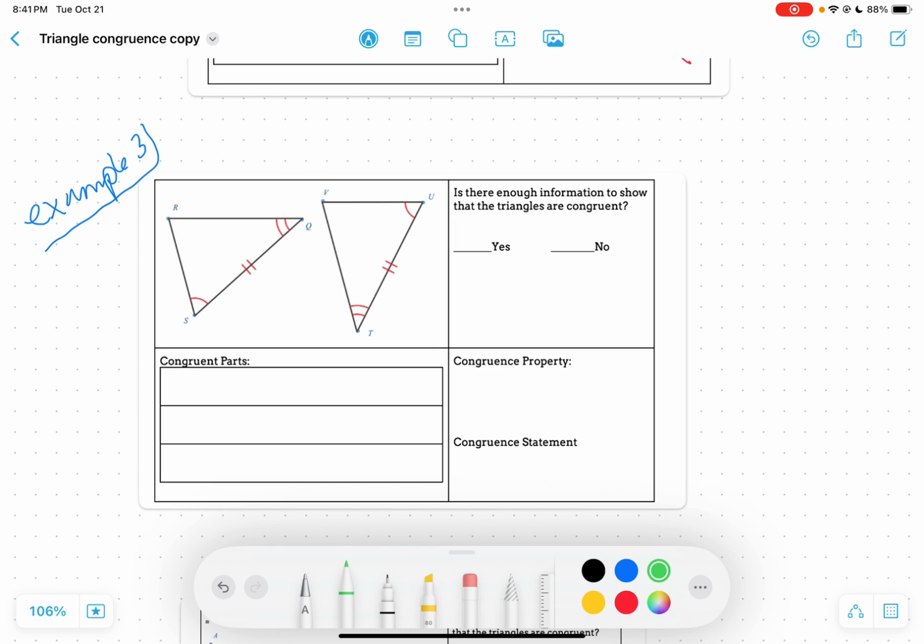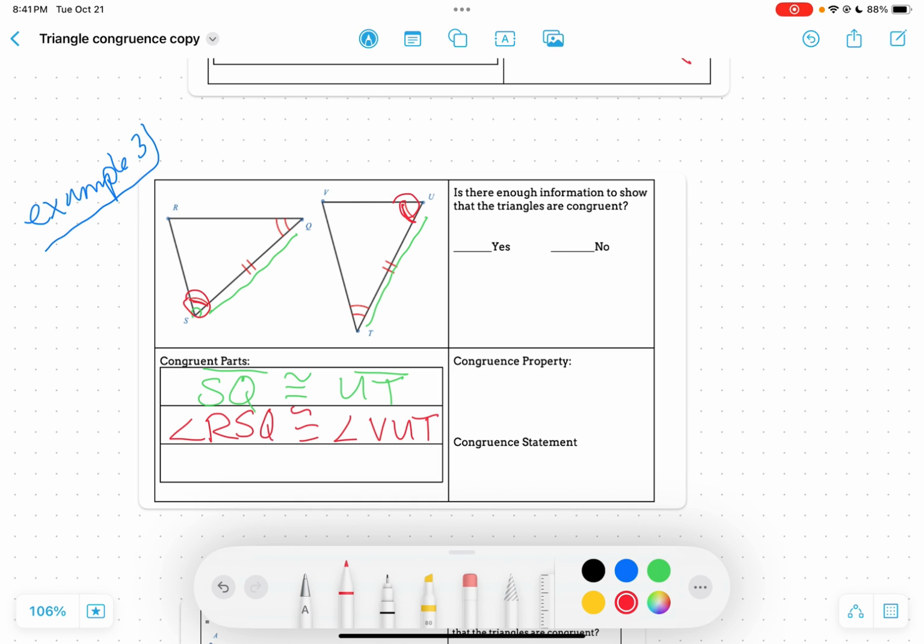So let's look at my congruent parts. The sides are easier for me, so I'm just going to start with the sides. So I see that I have SQ, and I can see that S is corresponding to U. So SU is congruent to UT. So I have one side. That's a start. Now let's look at my angles. I have this angle here and this angle here. So angle RSQ is congruent to angle VUT.